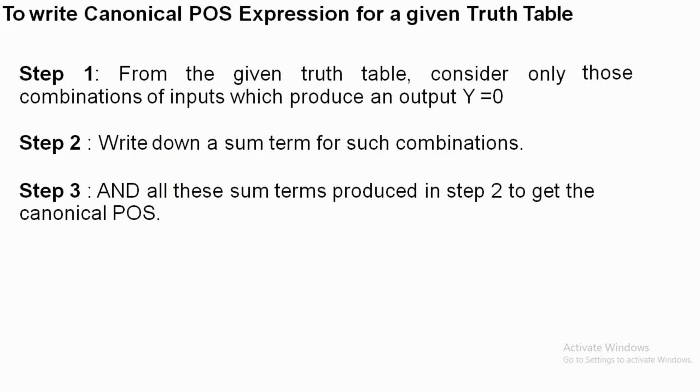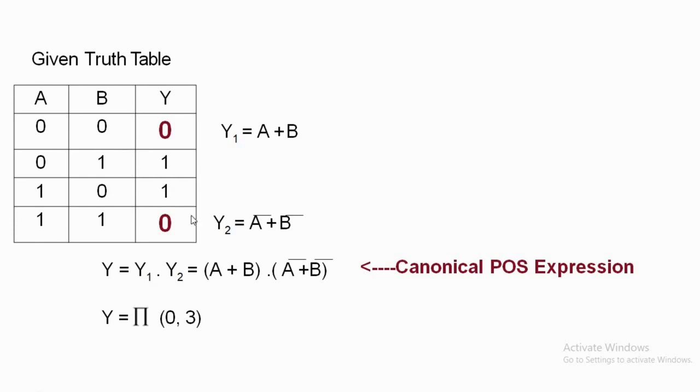Similarly for the POS form. Only in POS form we have to consider the output column which contains 0. So this is the truth table, the same truth table I am considering here. We have to consider the output column where 0 is indicated. So in the first row and last row 0 is indicated. So we have to consider only these rows, first and last.